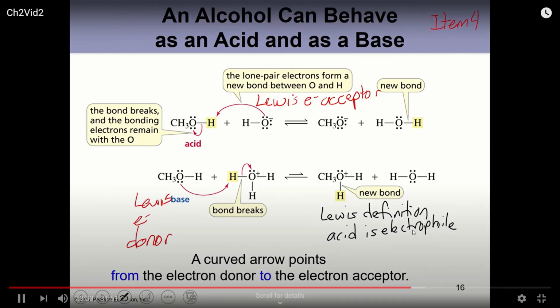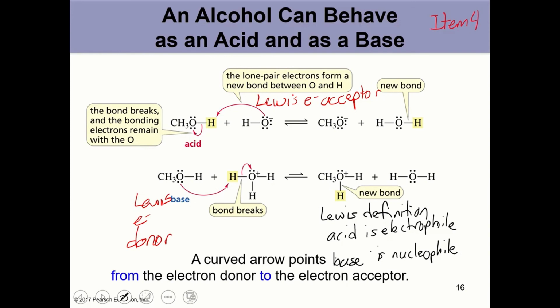So we call an electron acceptor an electrophile, an electron lover, and an electron donor is called a nucleophile or a nucleus lover.